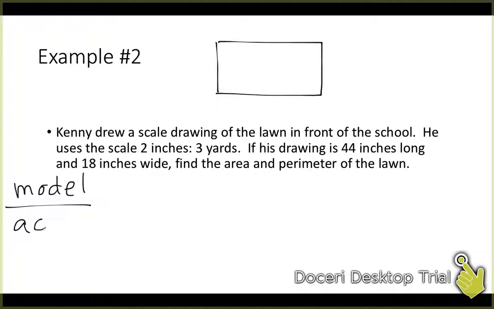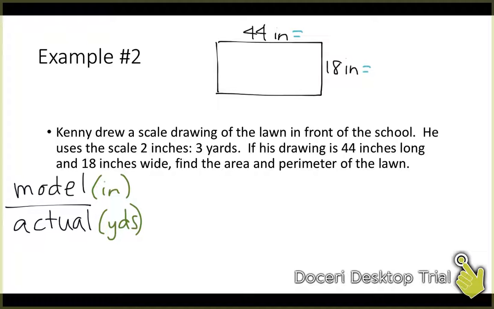So I'm starting with my guide fraction always. On this scale, it says this is 44 inches long and this is 18 inches wide. I'm trying to find the new dimensions. So step one is I have to convert all measurements first. In order to do that, I need my guide fraction, and in this case, it's going to be inches compared to yards.